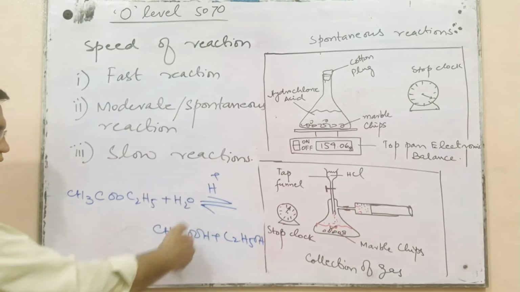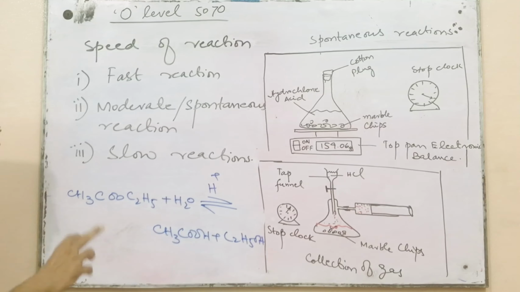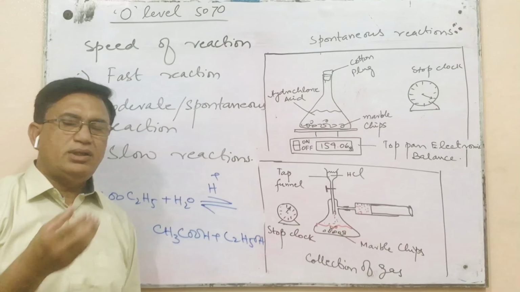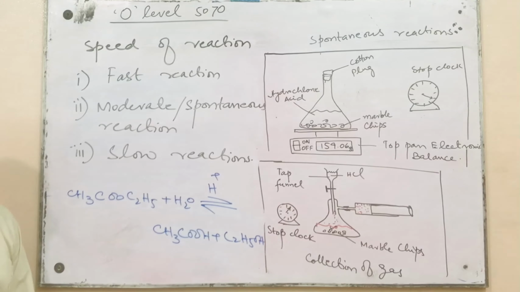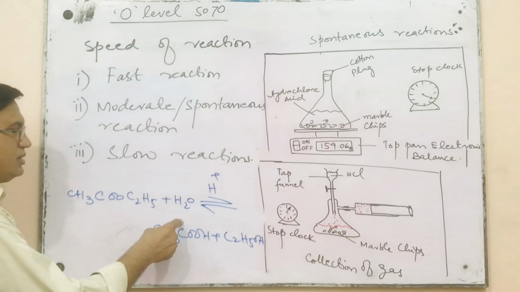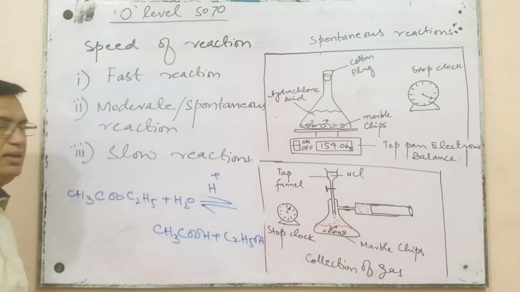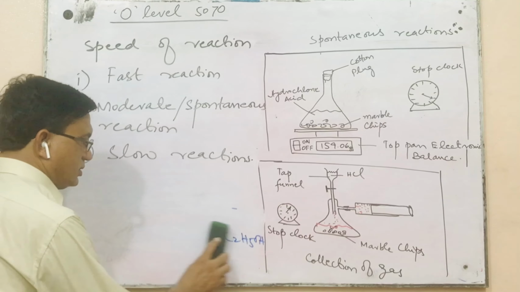With the passage of time we can calculate, and the speed of this reaction is neither too fast, nor too slow. We can easily observe the rate of reaction in this case, and this is also an example of moderate or spontaneous reaction.